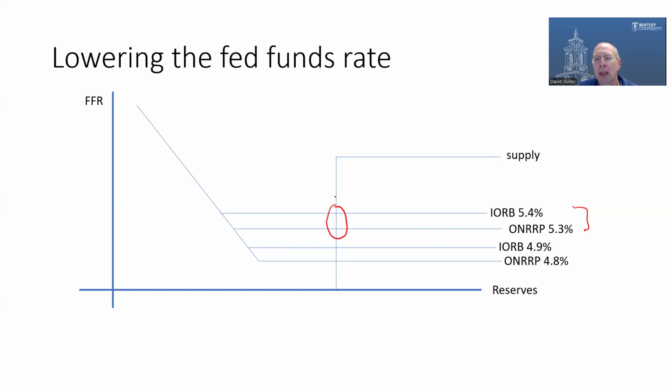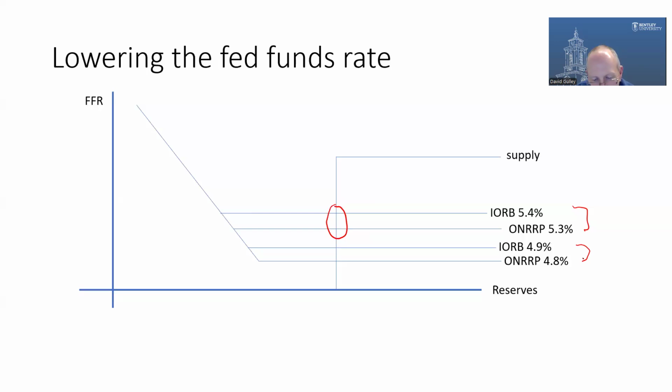And the Fed is generally pretty good at getting the federal funds rate almost exactly in the middle, not 100%, but pretty close. And so what the Fed announced today was that these two administered rates are each going to be reduced by a half a percentage point, or in other words, 50 basis points, down to 4.9% and 4.8%. And so effectively what happens is those horizontal components now shift downward.